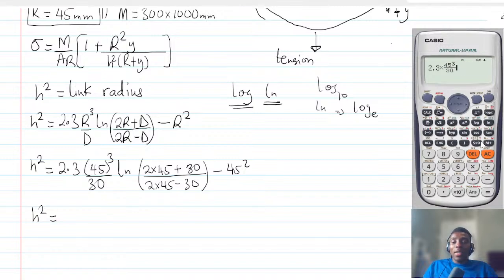Then that is where the ln will come. Please, it is the ln, not the log. And then a fraction will come: 2 times 45 plus 30, over 2 times 45 minus 30. And then you do minus 45 squared.